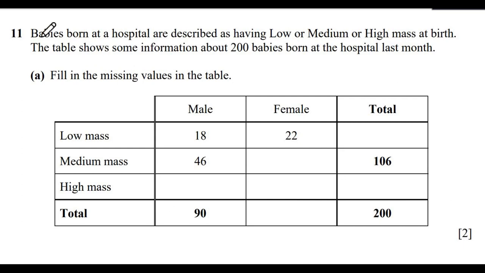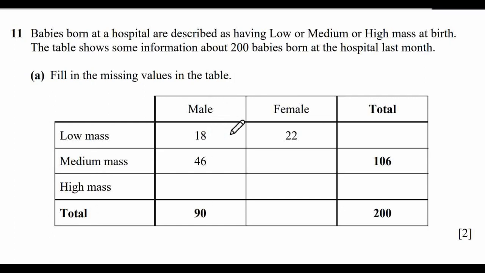Question 11. Babies born at a hospital are described as having low or medium or high mass at birth. The table shows some information about 200 babies born at the hospital last month. Question A. Fill in the missing values in the table. Male, female, total, low mass, medium mass, high mass, and the total.